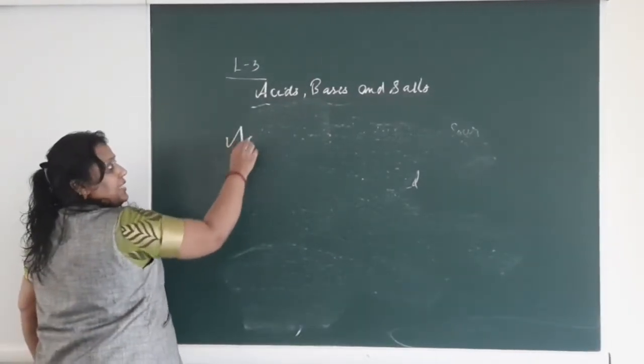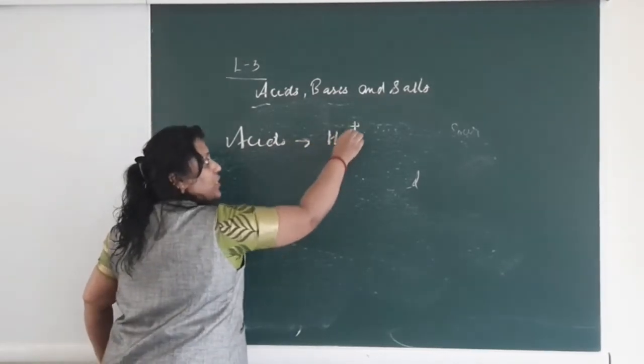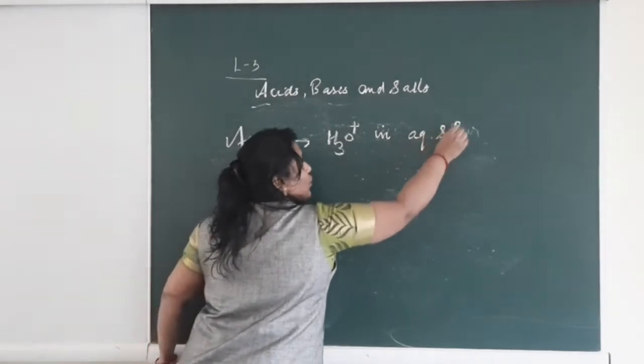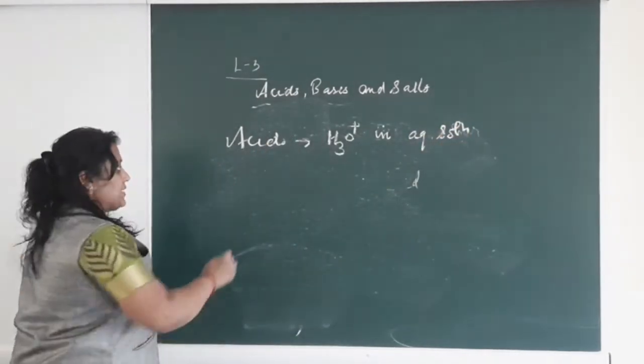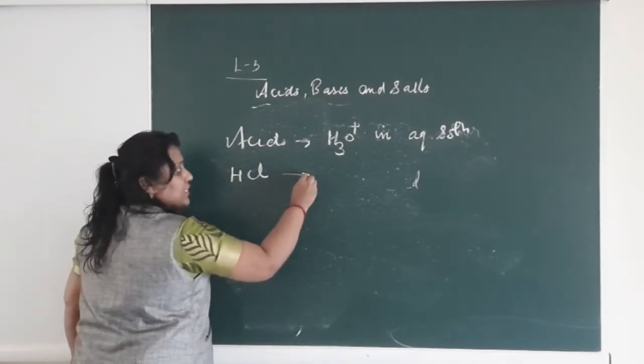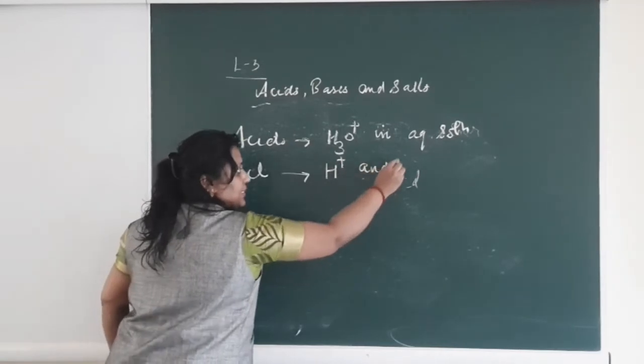Now, when I say acids, it furnishes hydronium ions in aqueous solution. Let us take the example. If I take HCl, it ionizes to give H plus and Cl minus.